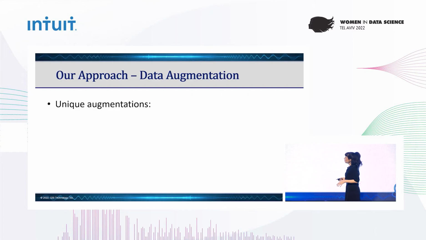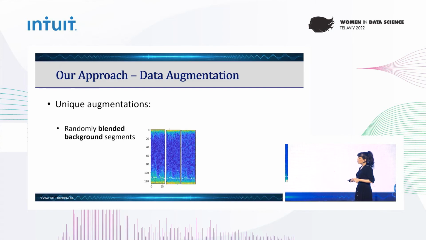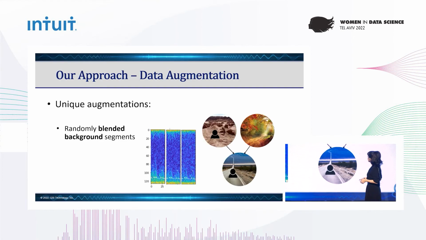So first, if you recall my mentioning very useful auxiliary data of background-only segments, such backgrounds were randomly blended in various intensities into the training samples containing targets. So this, in comparison, can be viewed as creating new synthetic backgrounds to train from. This gave us high robustness to noise and clutter.